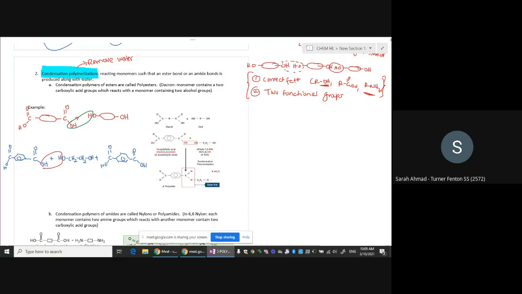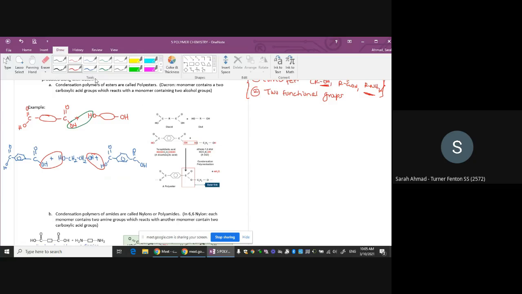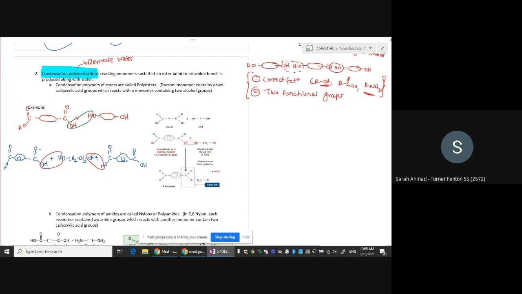So I can do this, right? And over here, I can also do that, right? And now I can draw the resultant trimer that I've made. When I'm drawing the resultant trimer, you're going to eyeball left to right, just like we did yesterday.